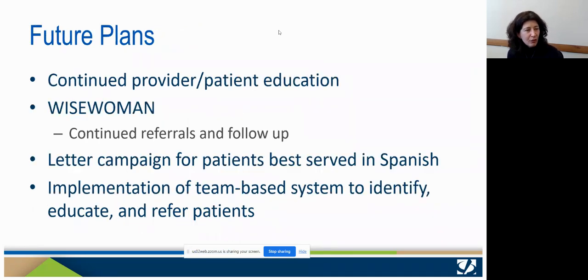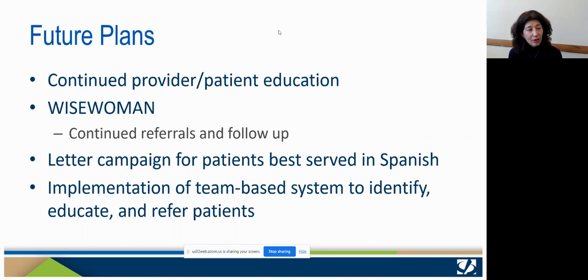In the future, we at Westside hope to build on the experiences that we've had so far. We want to continue to do the things that we have been doing, like the patient and provider education, using the Wise Women program to refer patients and continue to provide that all-important coaching and encouragement, and to expand our letter campaign to patients who are best served in Spanish.